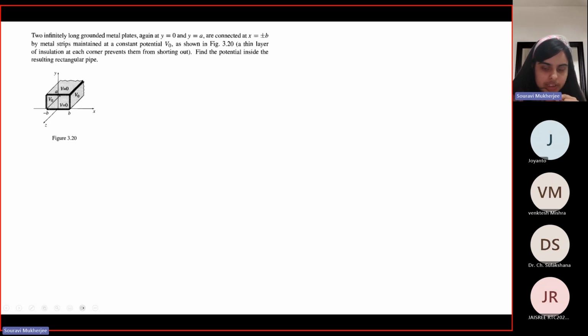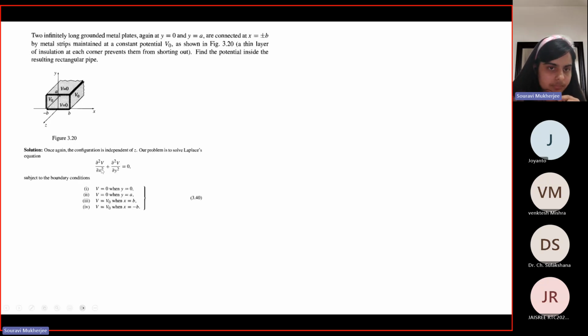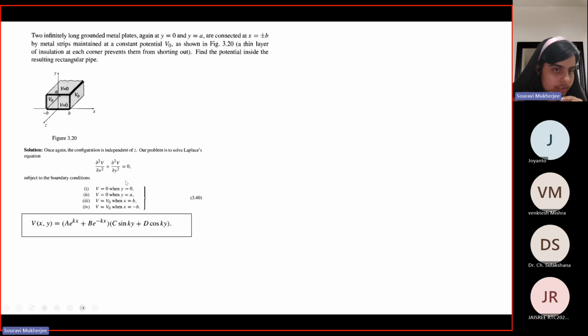Now, based on these boundary conditions, we start with what we had initially, the same Laplace equation, since our boundary conditions are in 2 dimensions, so we work with the 2 dimensional Laplace equation. That means the general form will be something like this. Now, can you tell me how to include these conditions in our general potential expression?